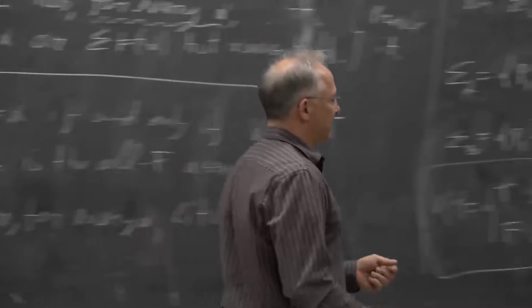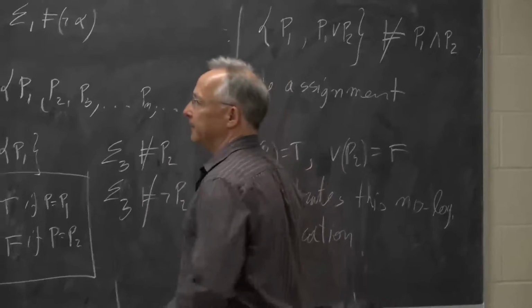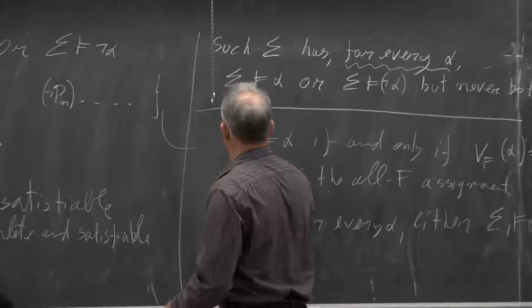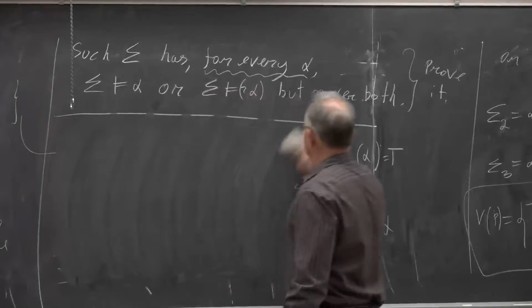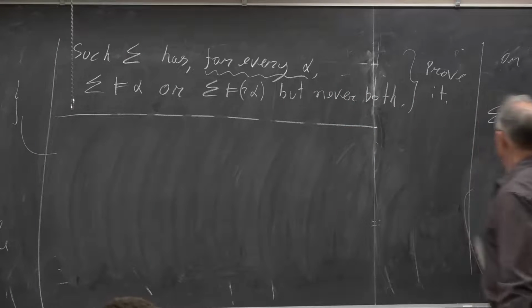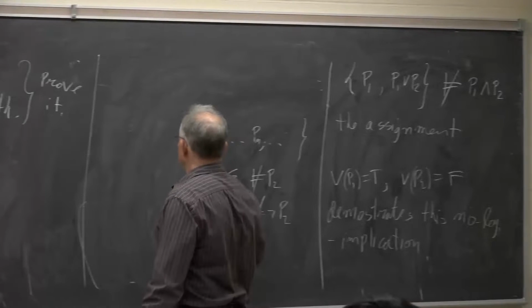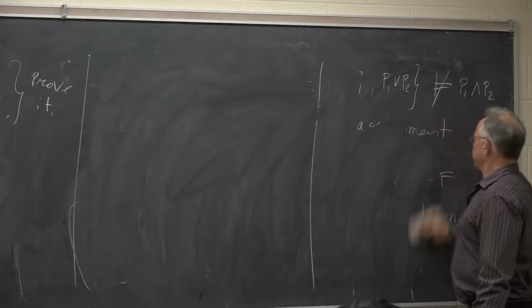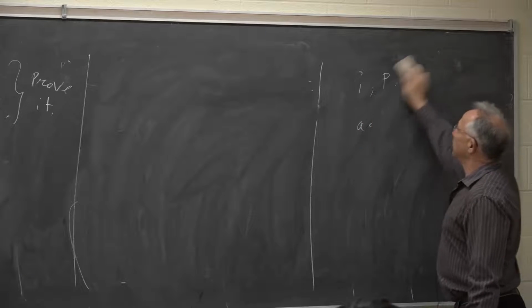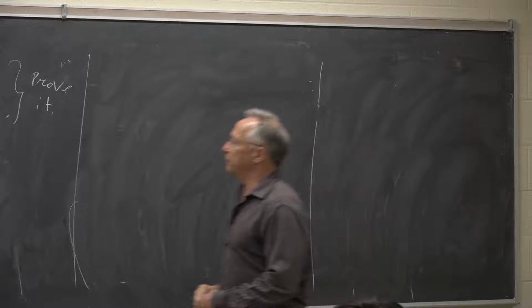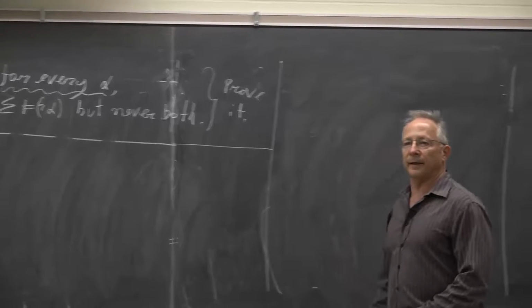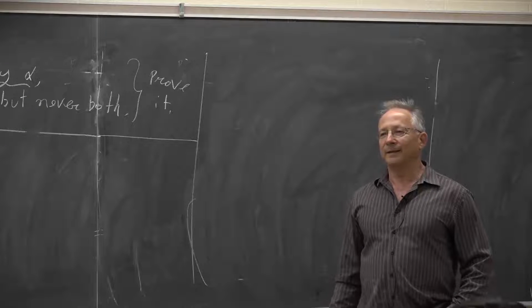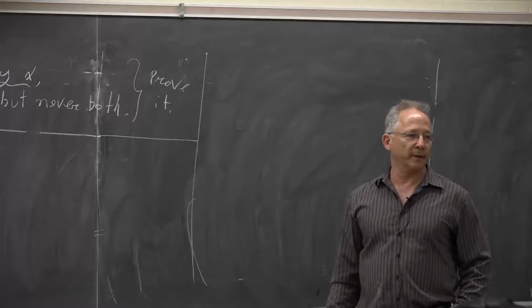So let us try to make this more formal. These were just examples. This was a definition. So I'll continue from here, because from here it was just examples. So let us look at another property of such a sigma. Maybe just before that, for those of you who studied linear algebra, what does this remind you of? Being satisfiable and complete is very similar to having a basis for a vector space.